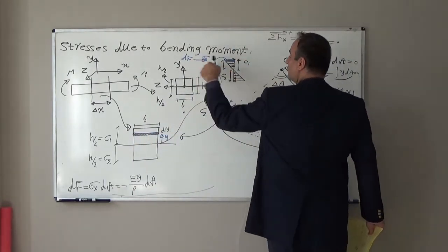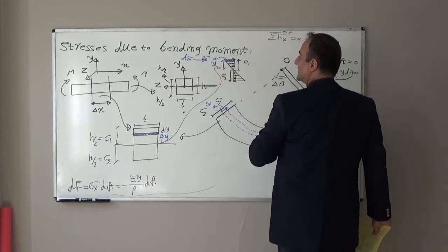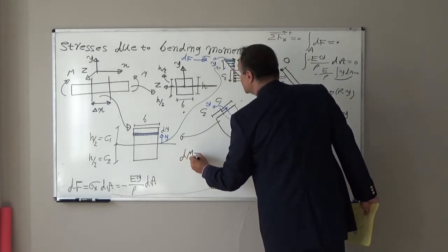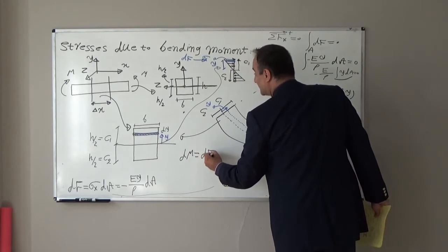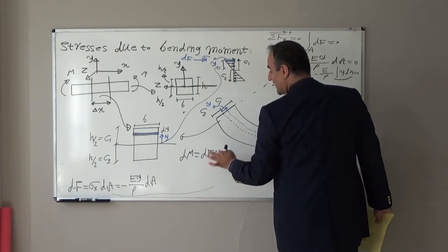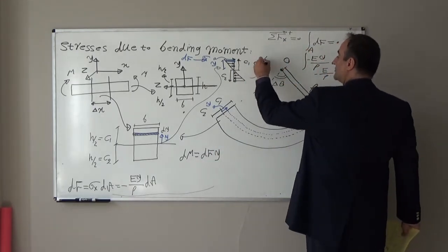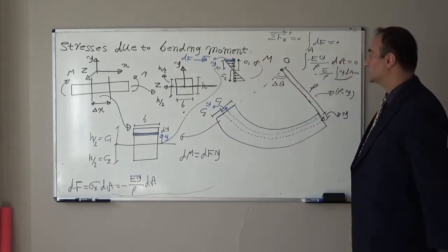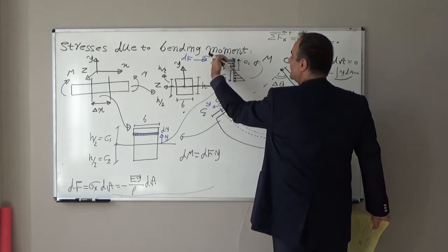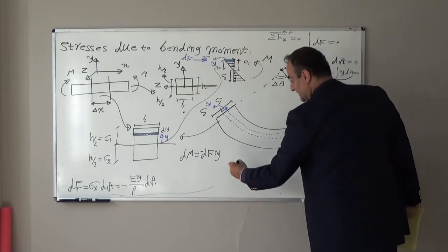If we take moment with respect to the neutral axis location here, what will we have? We will have moment dM is equal to dF times y. If the external moment is in this direction, positive, this dF times y will be in the inverse direction, so it will be negative.